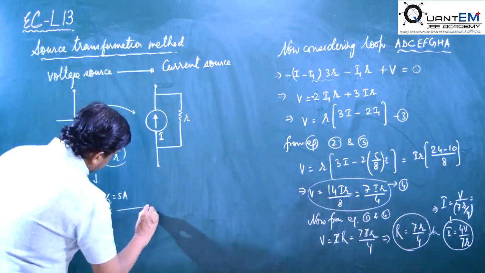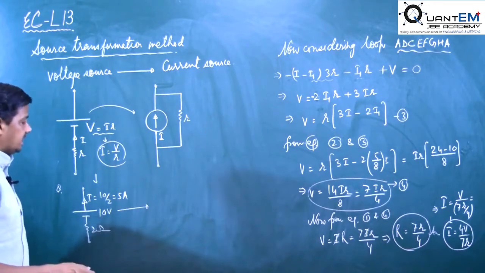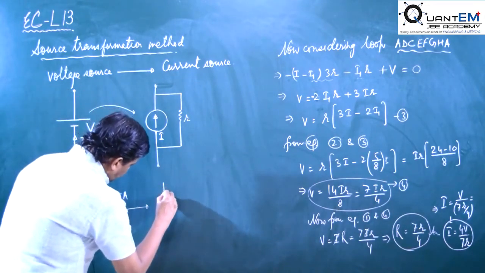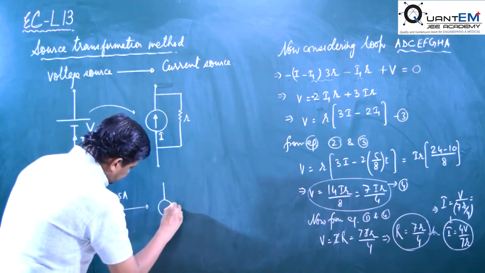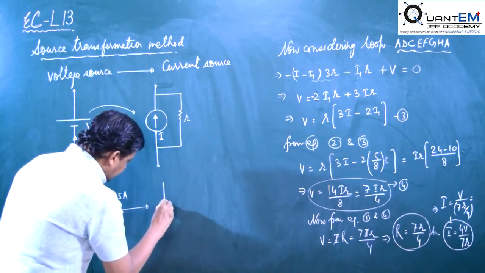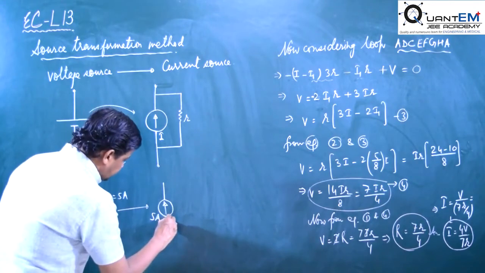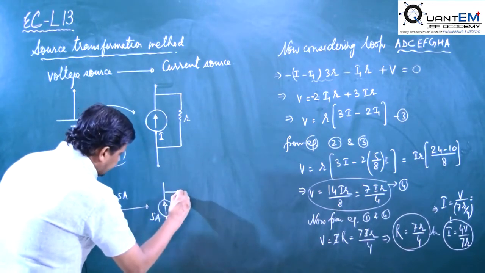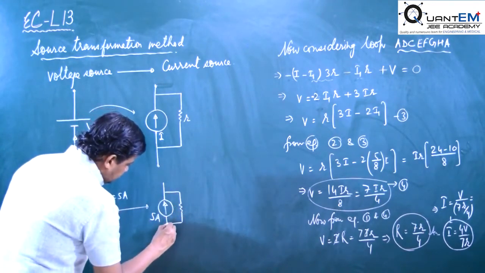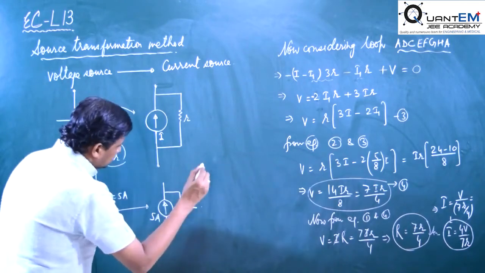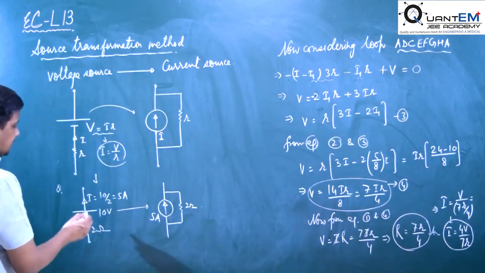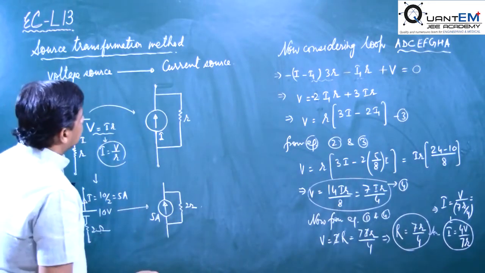Now we have to convert this voltage source into a current source. So we take a current source of 5 ampere. And the resistance we will have to take in parallel is of 2 ohm. Okay, so now it has been converted into the current source.